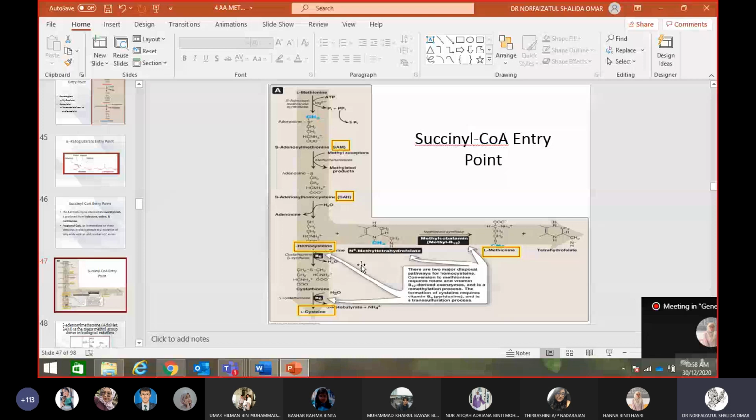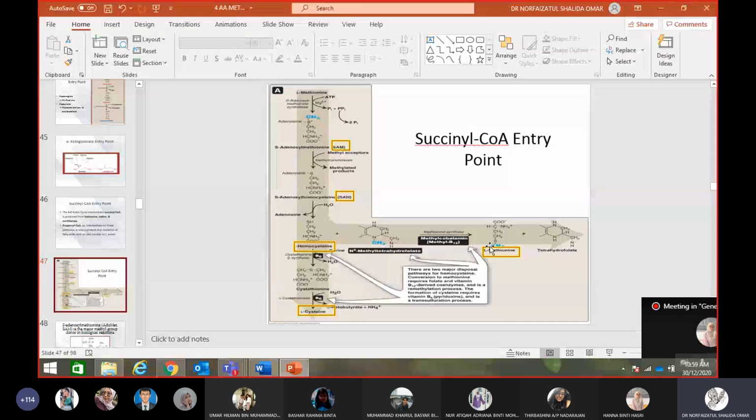So when homocysteine is present, our body will try to convert it, either back to L-methionine. By using this reaction, homocysteine plus tetrahydrofolate, which is also one of the folic acids, with the cofactor methylcobalamin, it will produce back L-methionine and tetrahydrofolate.